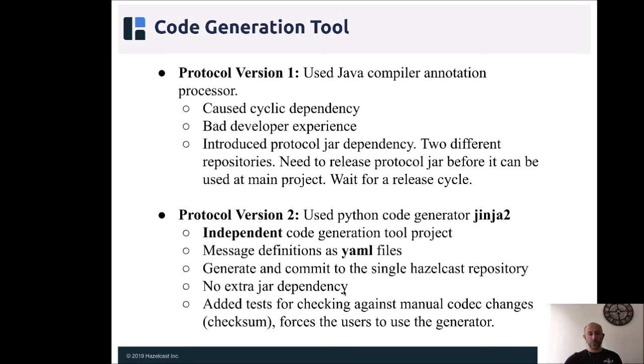So he doesn't need to wait for any protocol jar release. But how do we control any breaking changes? We add extensive tests for checking these changes.